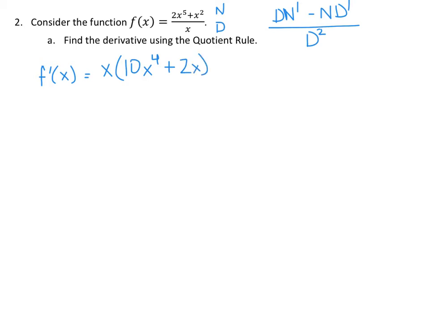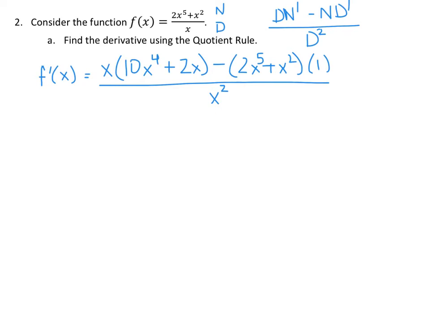So that's the derivative of the numerator minus, now we're writing down the numerator, 2x to the fifth plus x squared times d prime. So the derivative of the denominator, the derivative of x is 1, all divided by the denominator squared. So in this case, x squared.